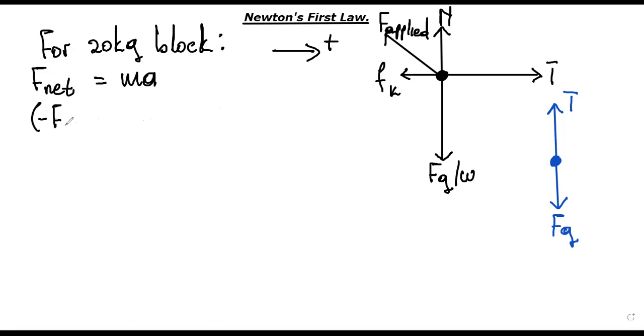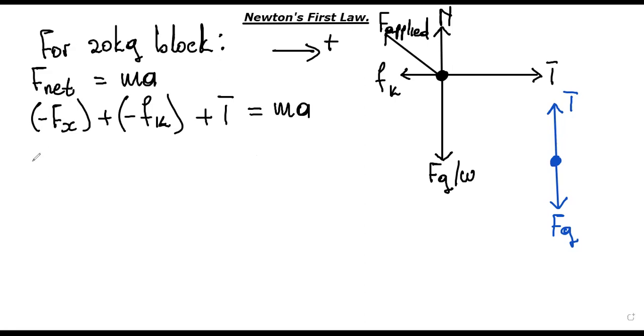So we'll say it's negative F in the X. Then you say plus. The frictional force is also going to the left. So you say negative Fk. And then you say plus. The tension force is going to the right. So it's positive. Then you say everything equals MA.